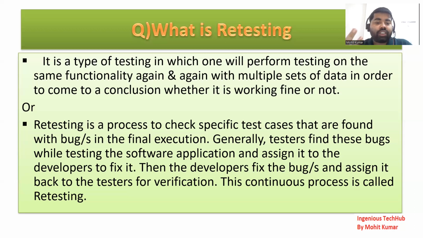I have given the same example, right? Then the developer will fix the bugs and assign it back to the tester for verification, and this continuous process is called retesting, until the defects are fixed and we don't have any issue. This process continues until it is defect free. So that's all in this session, guys.